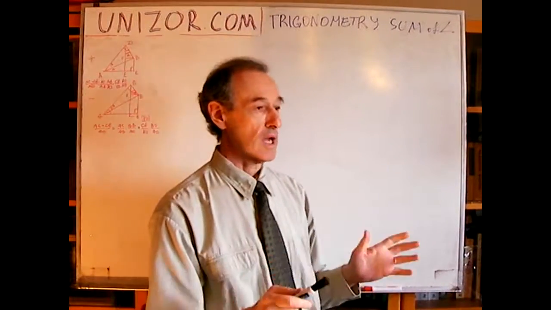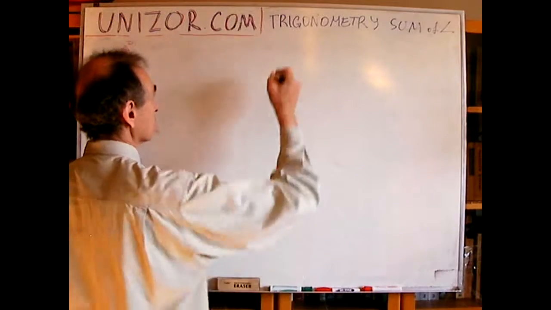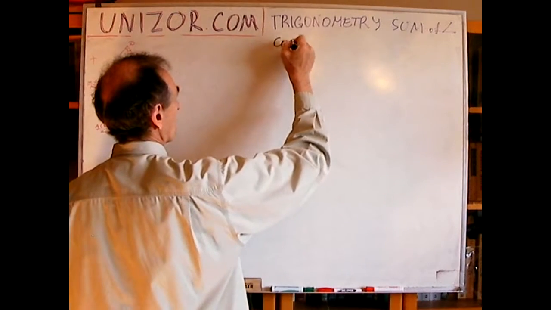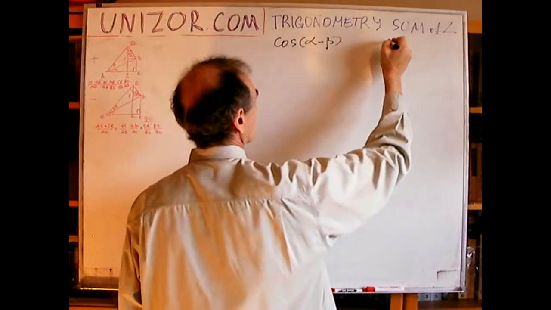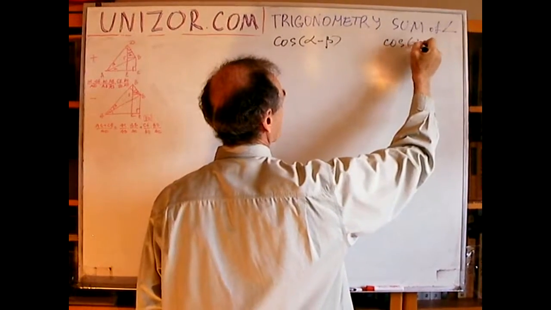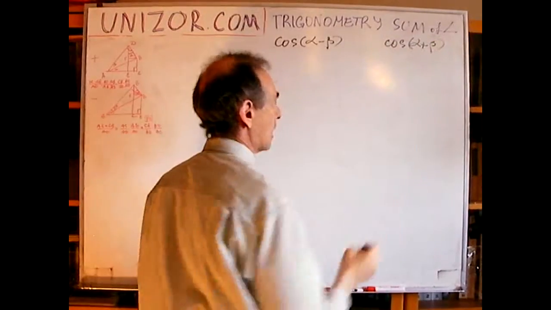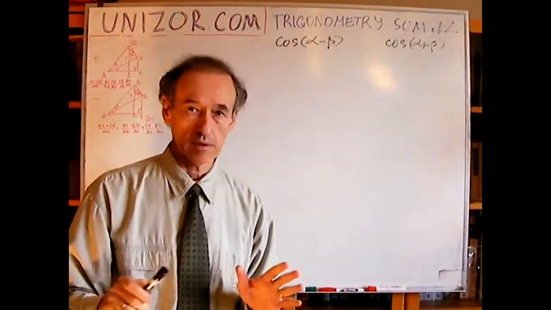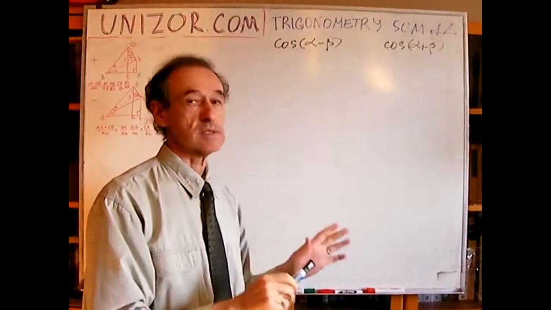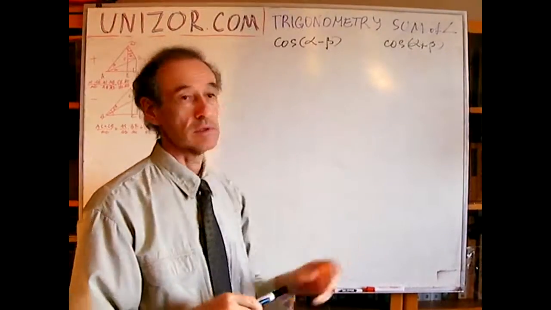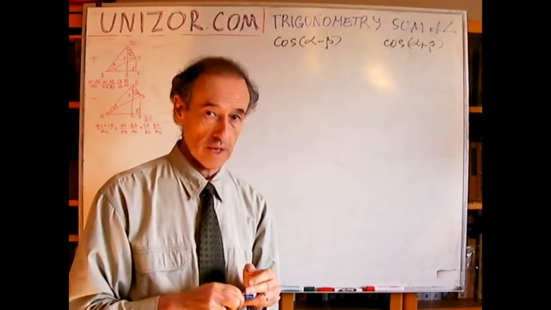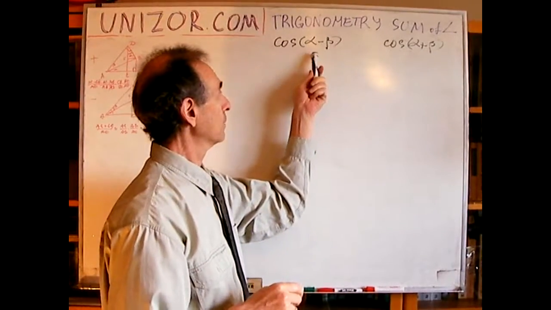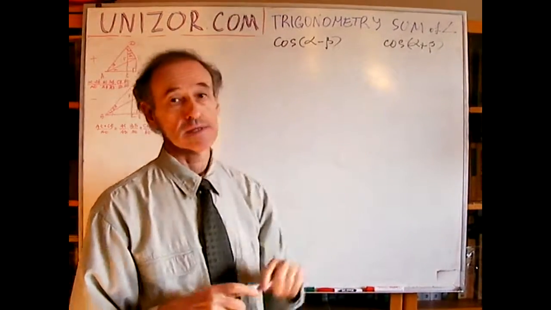So what I will do is I will start with two formulas: cosine for difference between two angles, cosine for sum of two angles. And again, let's assume that my angles are acute, all of the angles, alpha, beta, and their sum.